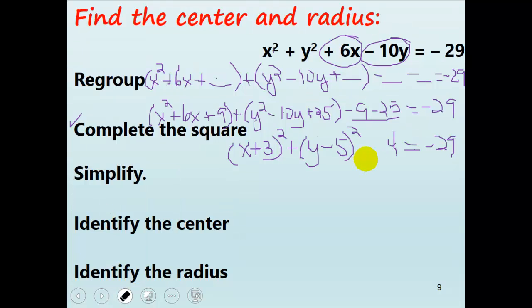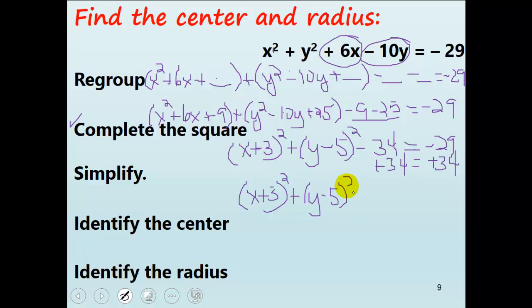Seriously. And now I'm going to move my 34 over. And then I get (x + 3) squared plus (y - 5) squared is equal to positive 5.